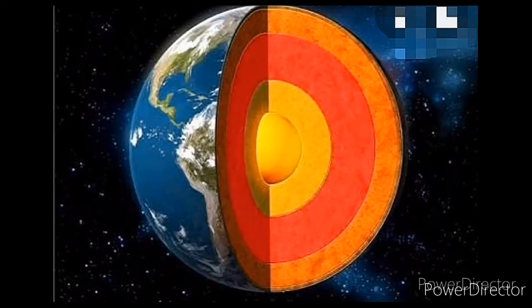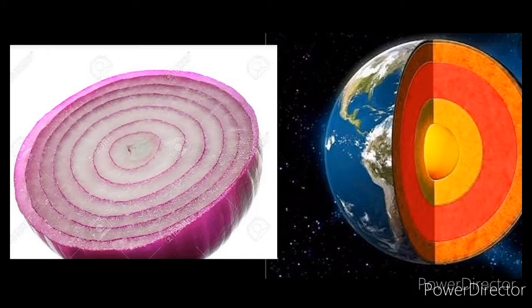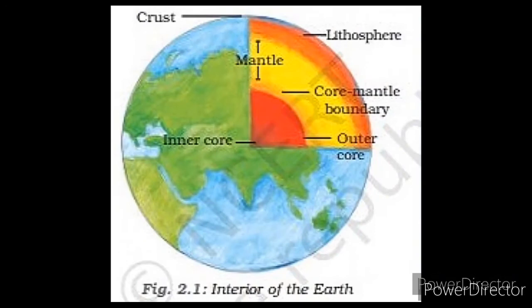As you can see, there are different layers visible in an onion when you take a cross section. Similarly, inside our earth, there are three major layers. The outermost layer is known as the crust. Next to the crust is the mantle, and the innermost is known as the core.